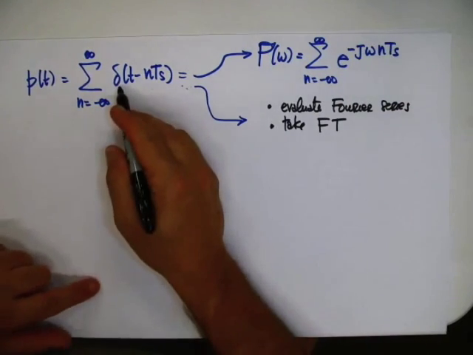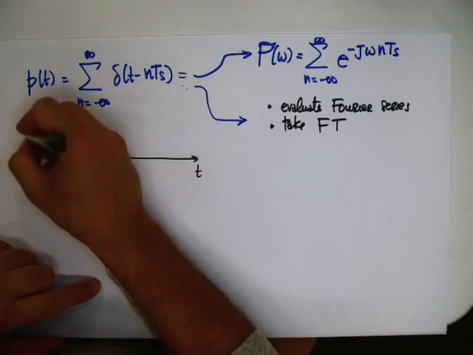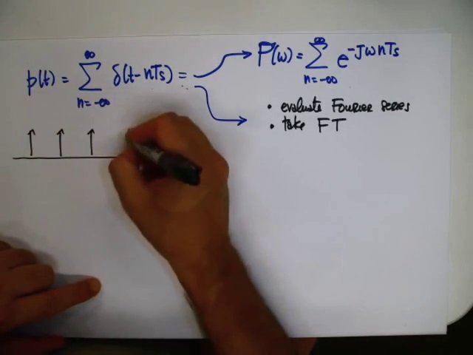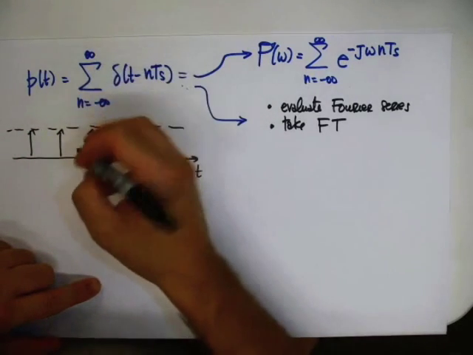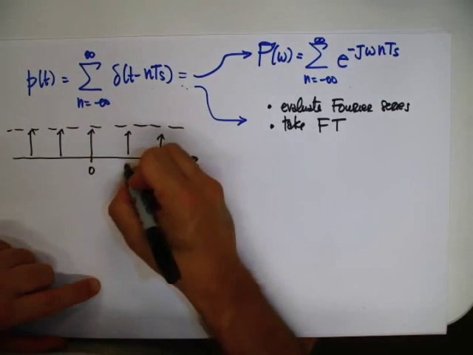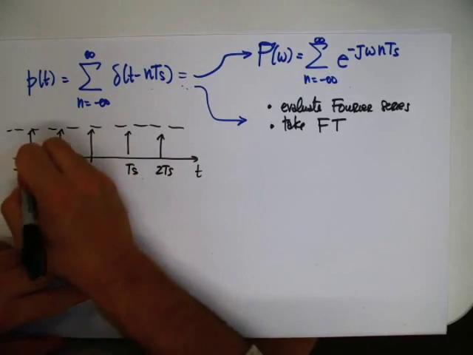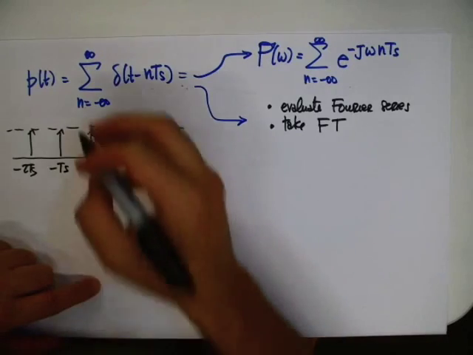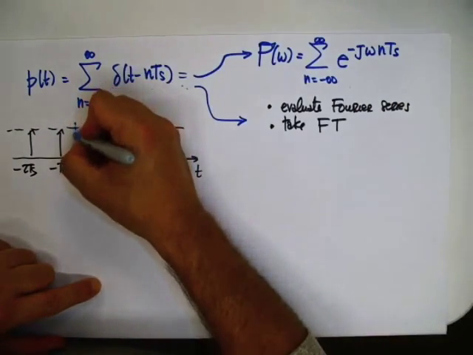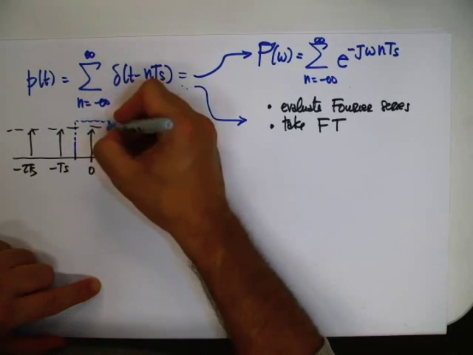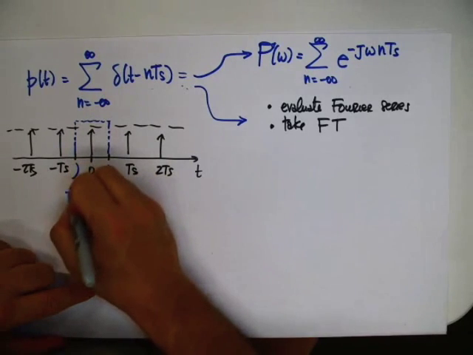This is indeed a periodic function of time. Let's assume that these are at 0, Ts, 2Ts, minus Ts, minus 2Ts. So we're going to take this interval, which is from minus Ts over 2 to Ts over 2.